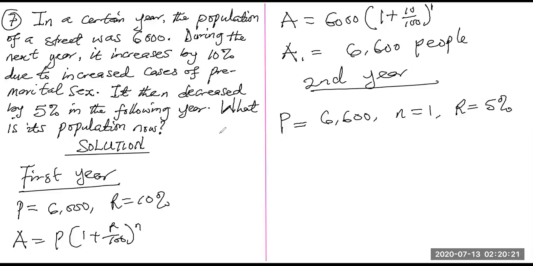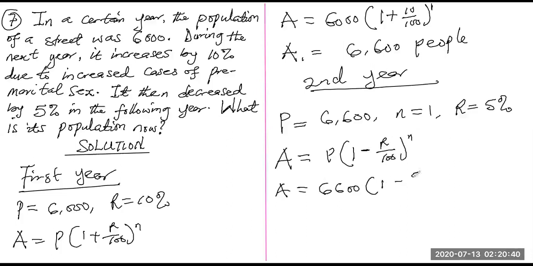That is why, once again, we are analyzing year by year. Since it depreciated, we use A equals P into 1 minus, no longer plus, R over 100 raised to the power n. Our amount is equal to 6,600 into 1 minus 5 over 100 raised to the power n.